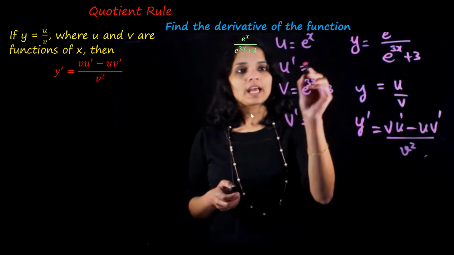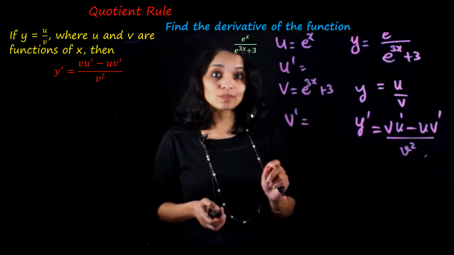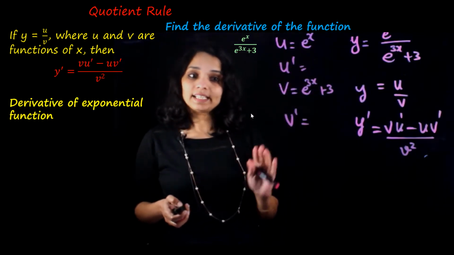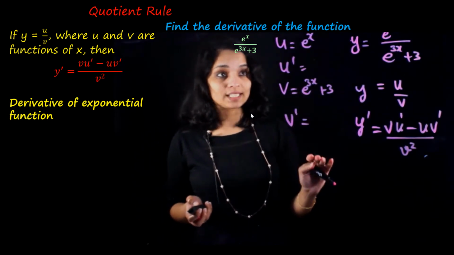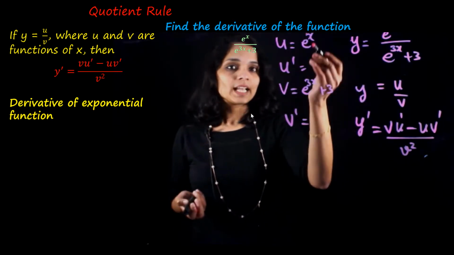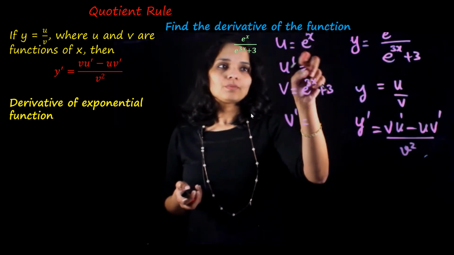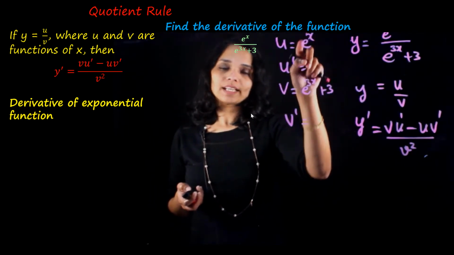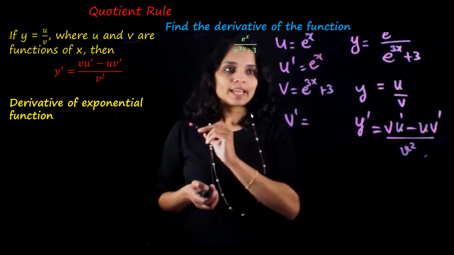So u dash: finding the derivative of u, e to the power x, is very simple. The derivative of the exponential function is the function itself. This is particularly simple for this one because the coefficient of x is 1, and so the derivative is e to the power x.